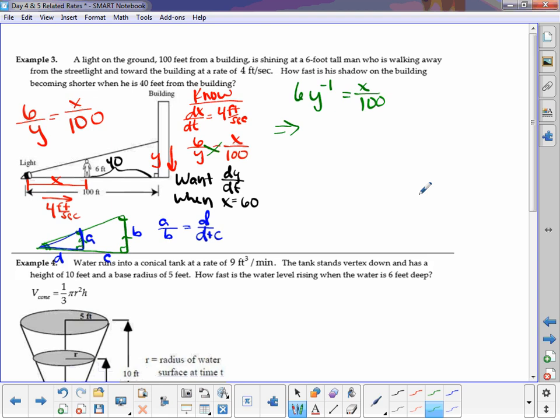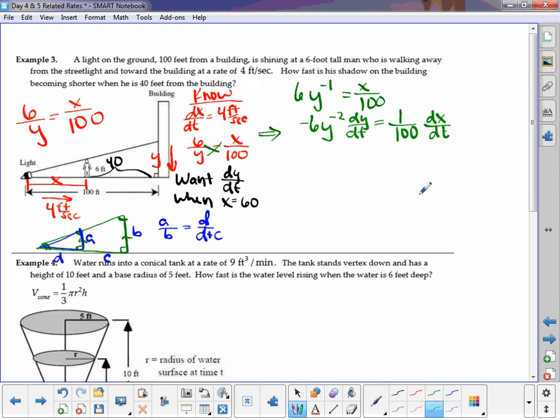Alright, so let's go ahead and do our derivative. On the left side we get negative 6 y to the negative second dy/dt. What's my derivative on the right side? 1 over 100 dx/dt.